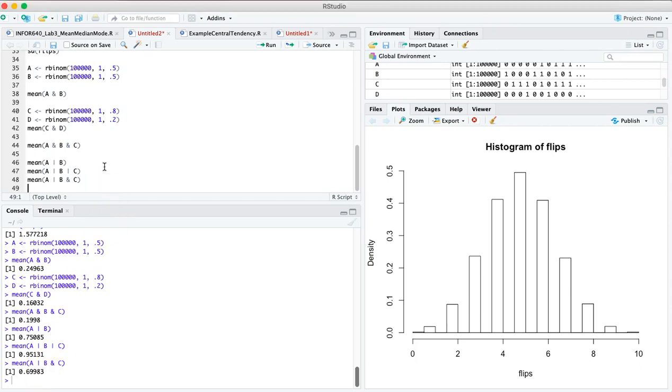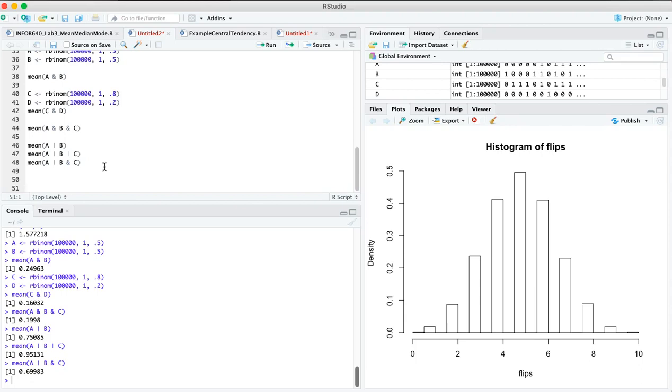I'm just going to go down a couple of lines, give myself some new space. I'm going to say that I have a fair coin, and I'm going to assign the variable fair to an experiment, the rbinom, of 100,000 outcomes, of 20 coin flippings of a fair coin.